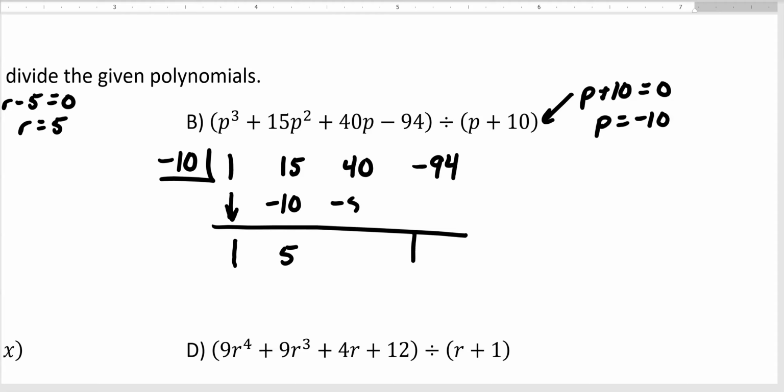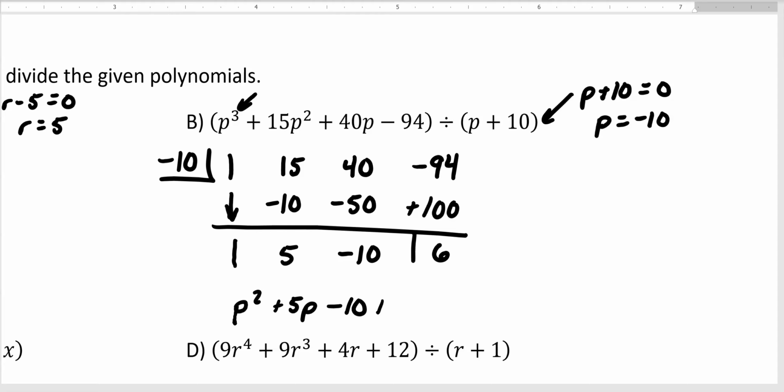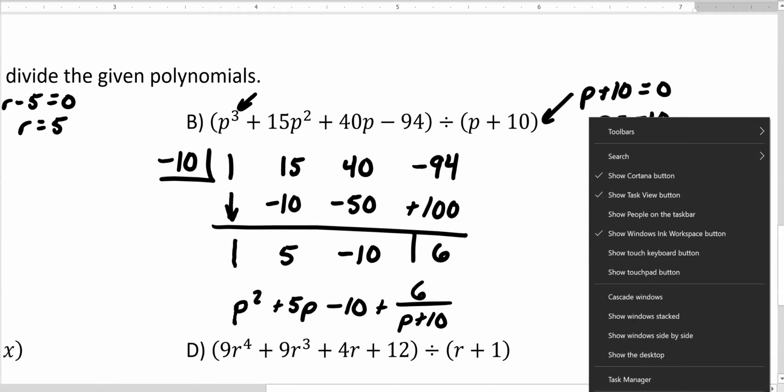Negative 10 times 5 is negative 50. 40 minus 50 is negative 10. Negative 10 times negative 10 is positive 100. Negative 94 plus 100 is 6. So my quotient, remember 1 degree less, is 1p squared plus 5p minus 10 plus 6 over p plus 10. And there we have it.